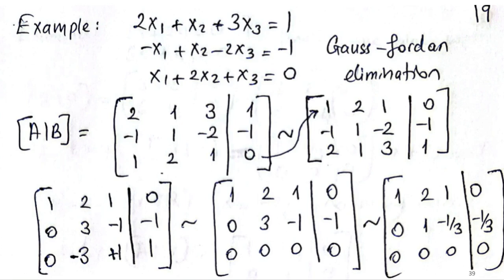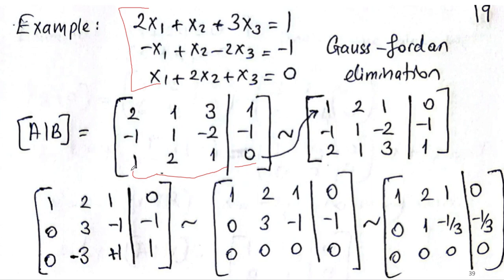Let's do another example. In this example, you have a system of 3 equations and 3 unknowns. The coefficients are given, so you write them in your augmented matrix, including the right-hand side of each equation. And if we are using Gaussian elimination, then we will start to do some row operations.